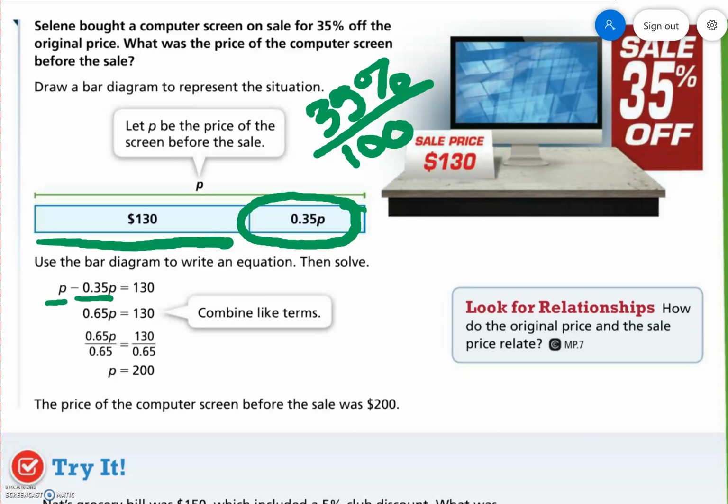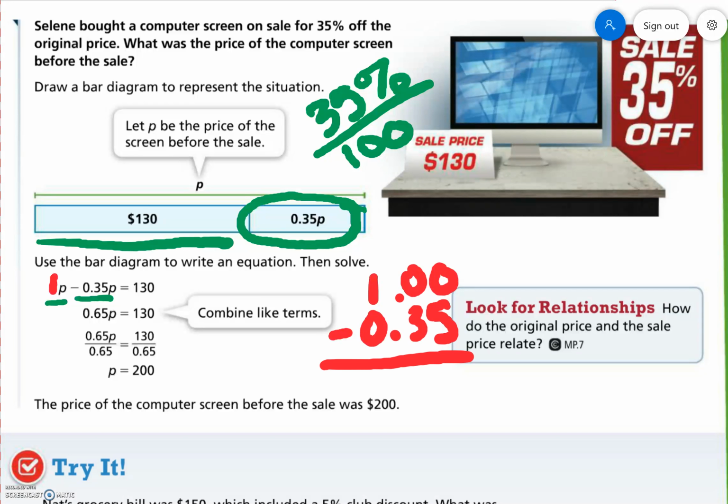Remember, if there's no number in front of the P or the variable, it's a 1. They're both P's, so they can combine like terms. So we're going to do 1 minus 0.35. Remember to line up your decimal places. We are going to borrow again. We should get 0.65, and that's 0.65P.